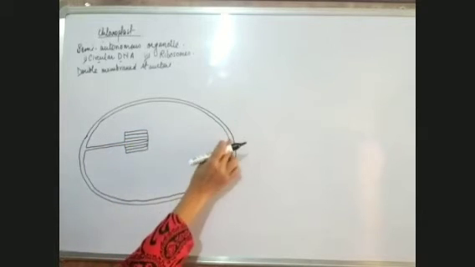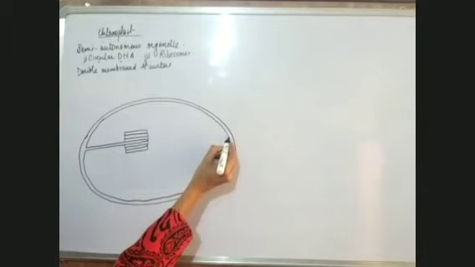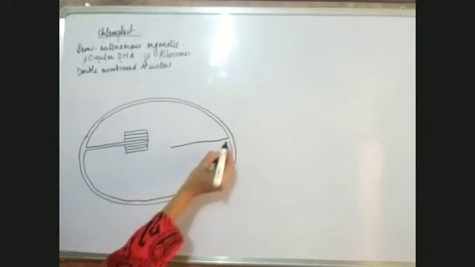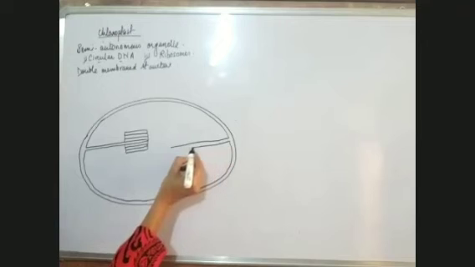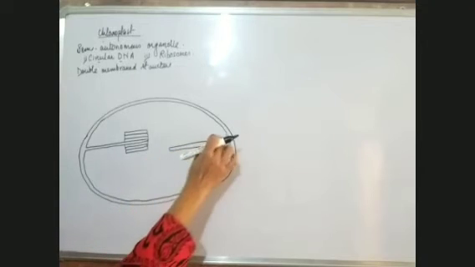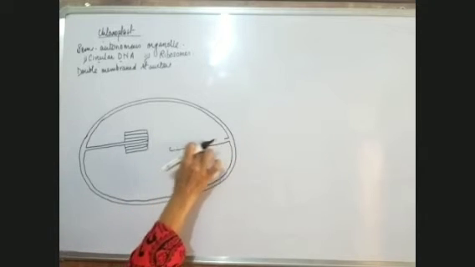We can make one structure from here also. This is a little broader, it has to be a little narrow.